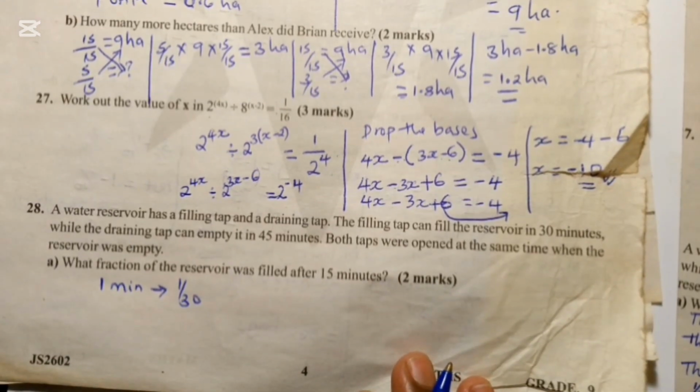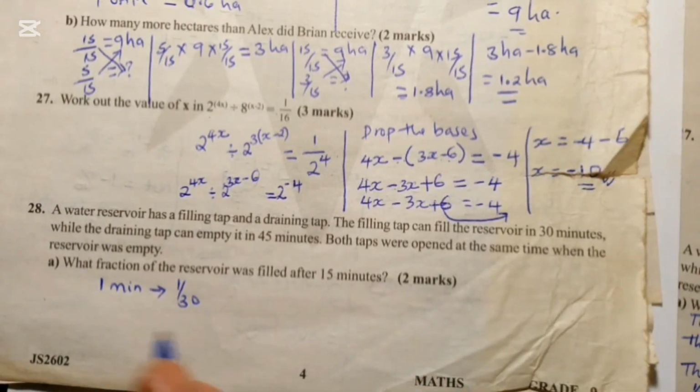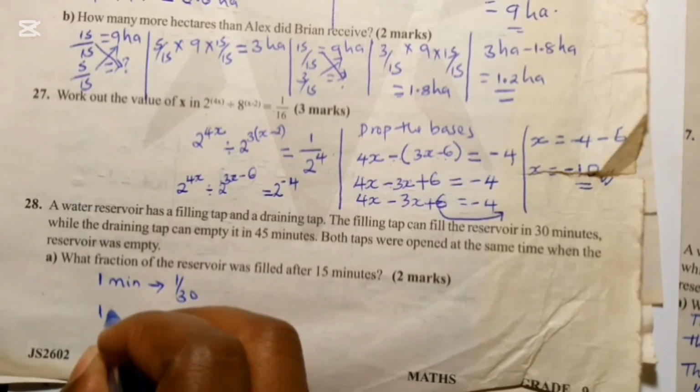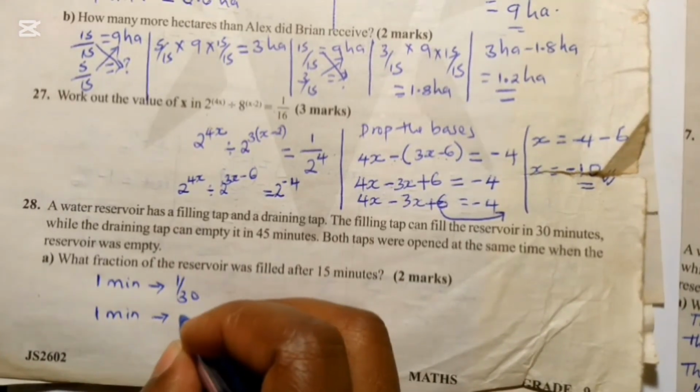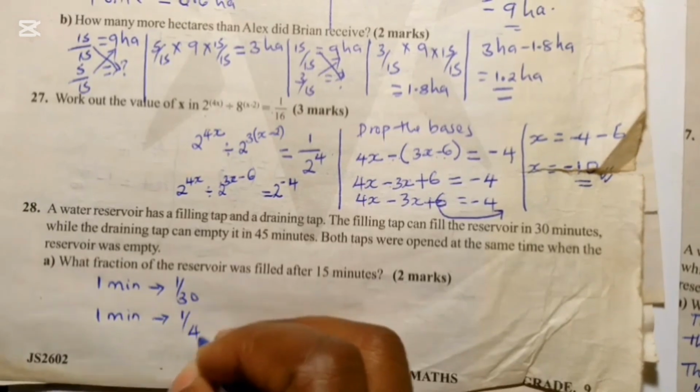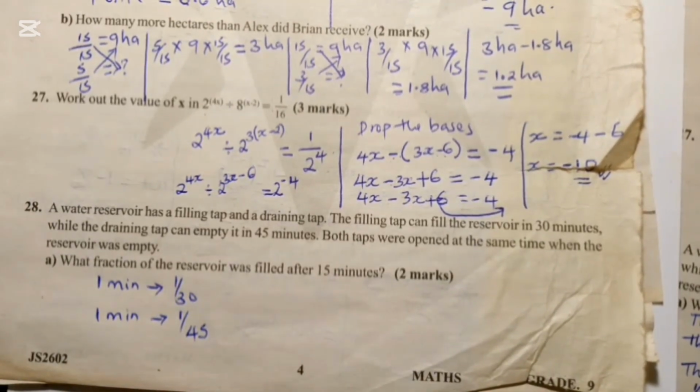And then we have the draining tap, which in 1 minute will drain 1 out of 45 of the reservoir.